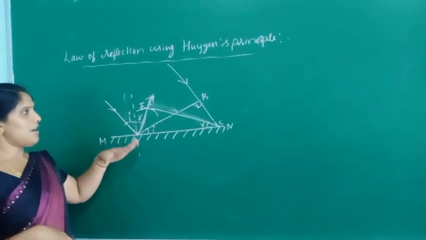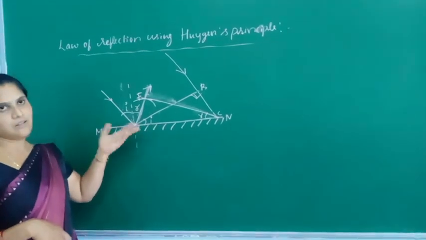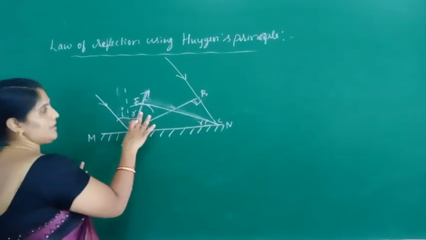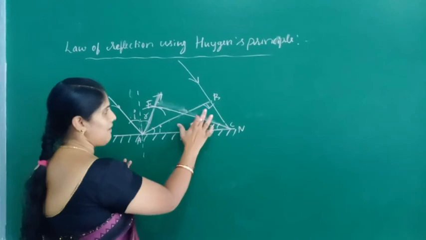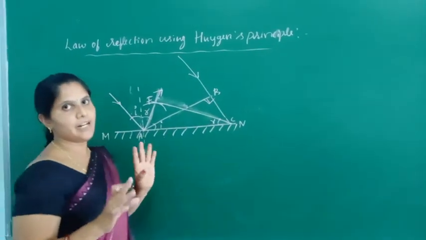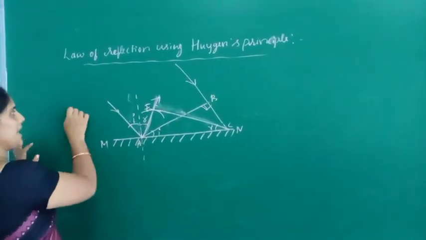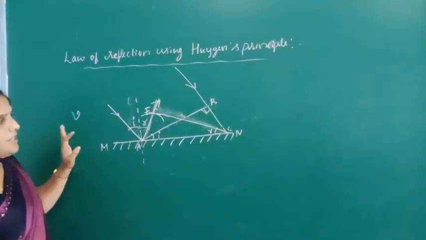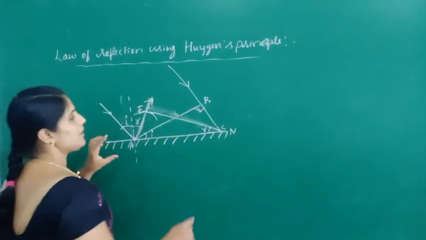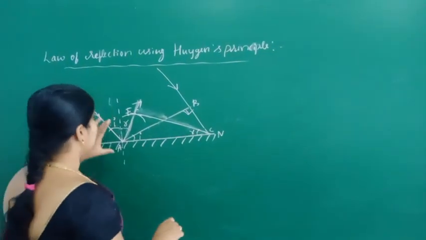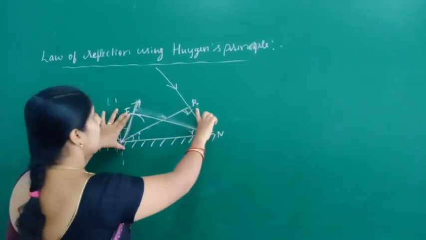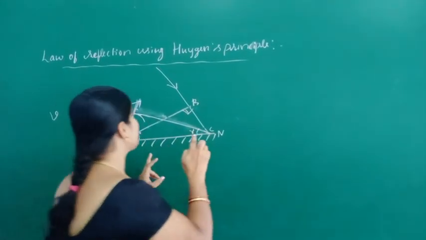So the distance traveled in the same time also increases or decreases. But in this case, the light ray travels only in one medium. That means the velocity remains the same. V is the velocity in the medium. Therefore, in the same interval of time t, the distances AE and BC are the same.